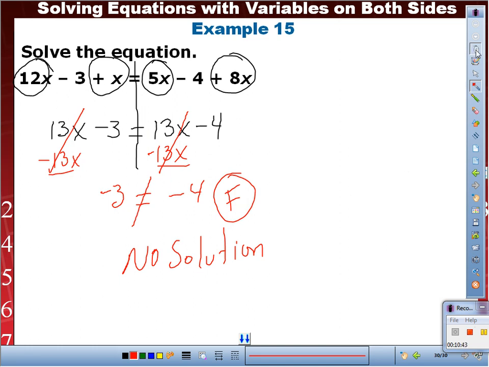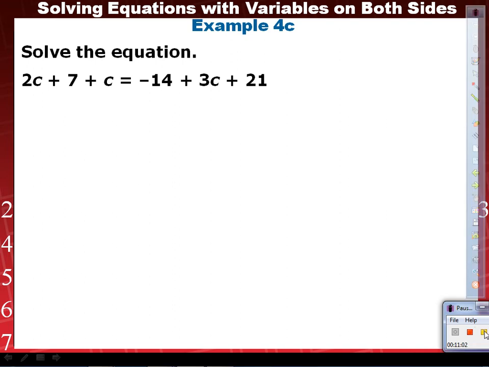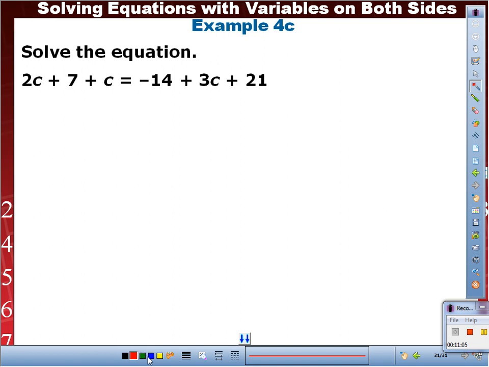All right, let's see how you do with this next one. Example 4C. We got 2C plus 7 plus C equals negative 14 plus 3C plus 21. Copy that and solve. Let's see what you get for that one. Go. All right, let's see.